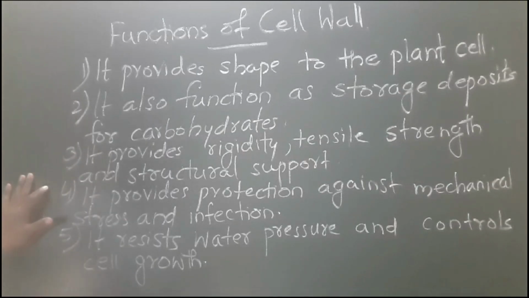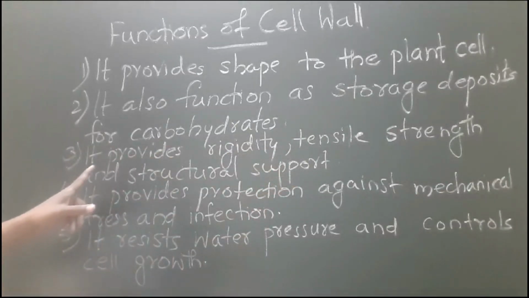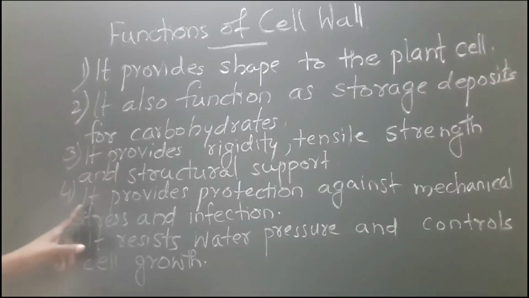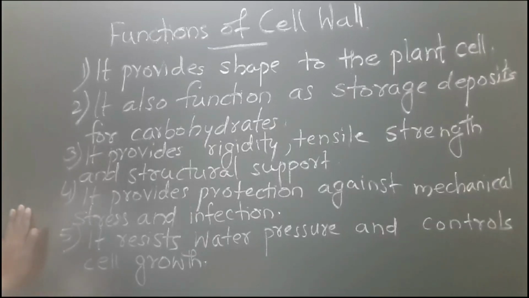Tensile means it can be stretched without breaking. Number 4, it provides protection against mechanical stress and infection. Number 5, it resists water pressure and controls cell growth. These are the 5 functions of a cell wall.